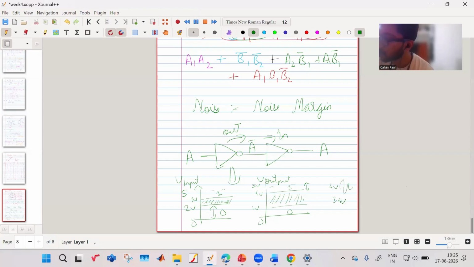Will it affect your next circuit or not? What do you think? It will affect. Okay. What about others? What do others think?